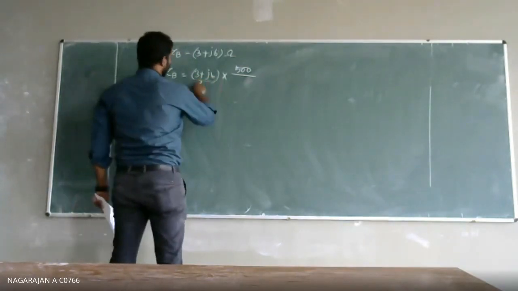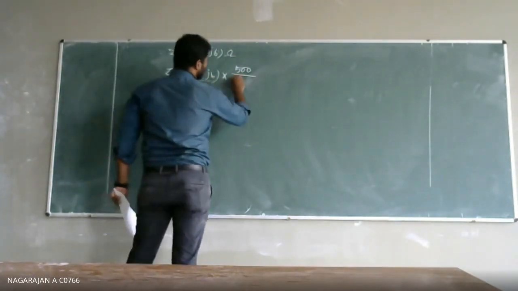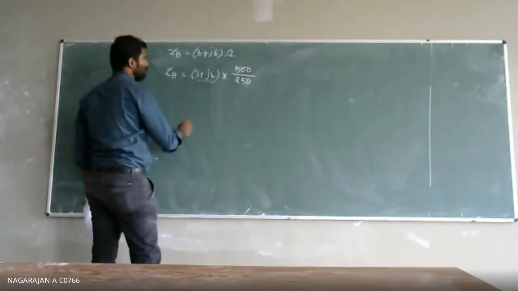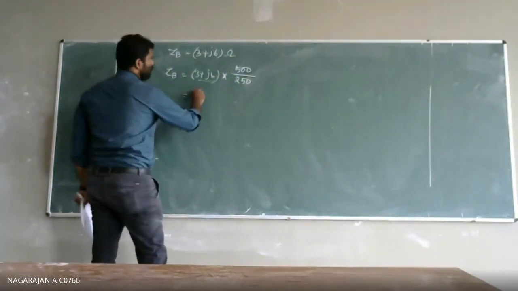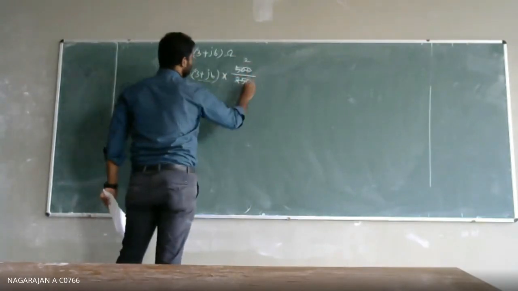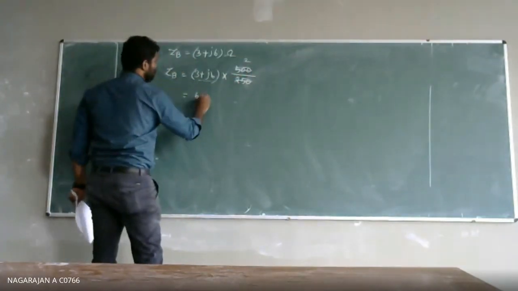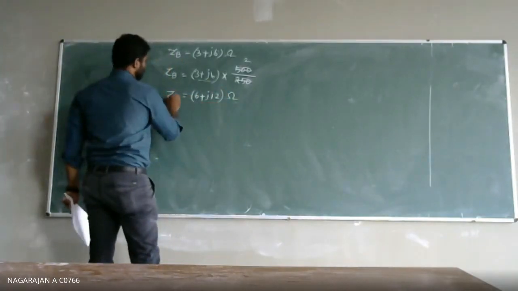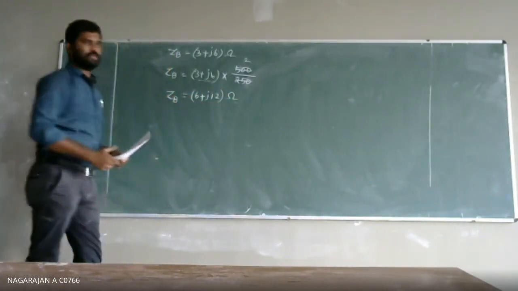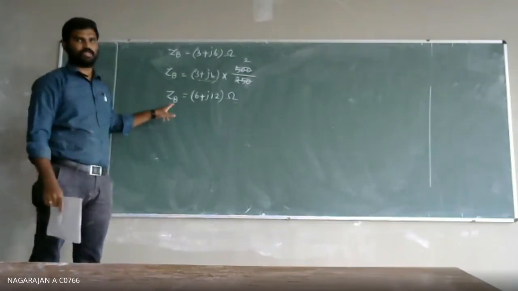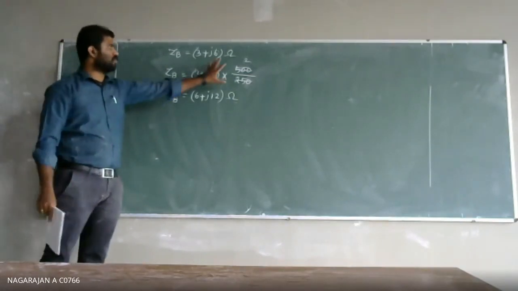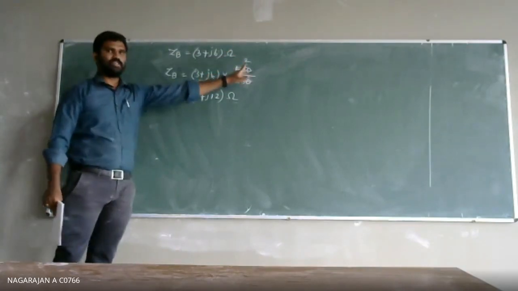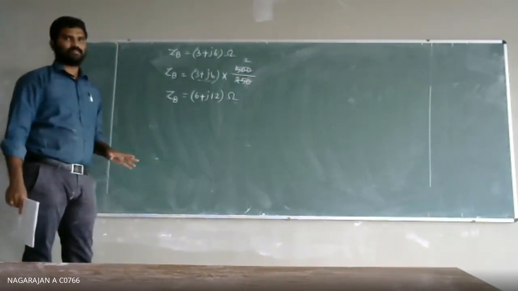For ZB, the transformer rating is 250, so we get 2 times. So what you will get is 6 plus j12 ohms. This is the new impedance of transformer B. This is the formula, for the transformer whose new impedance we have to find.